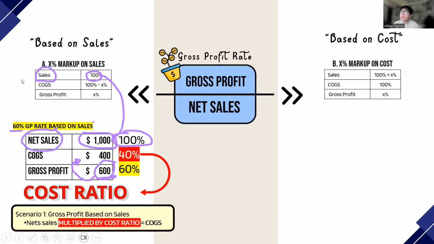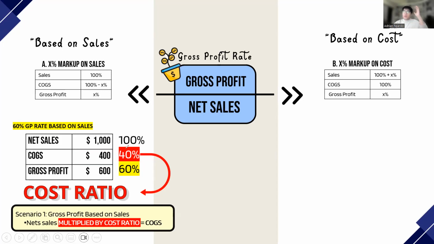So itong 40% na to is our cost ratio. So to get your COGS, you get your 40% cost ratio multiplied by your net sales. So 1,000 times 40%, mabibigyan ka niya ng COGS. And we're done estimating COGS.